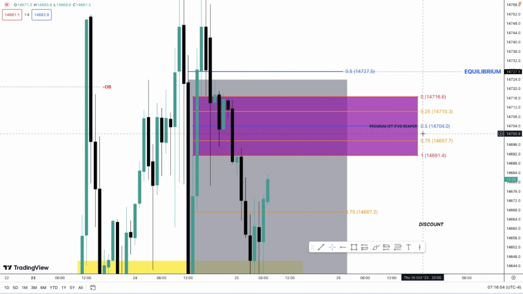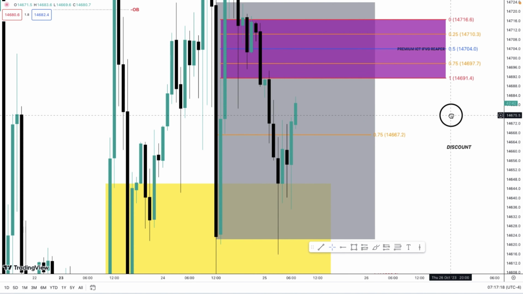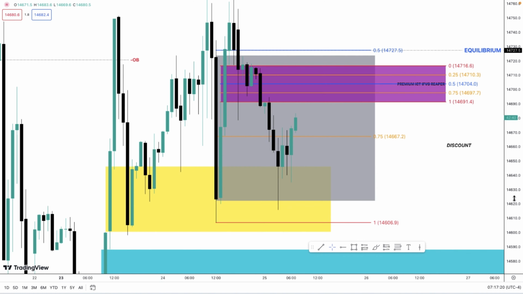What makes me interested in that is because this was a discount array, or it is a premium array which is inside the discount. So I feel like price, once it trades to 14.704, it'll have a big reaction to the downside.